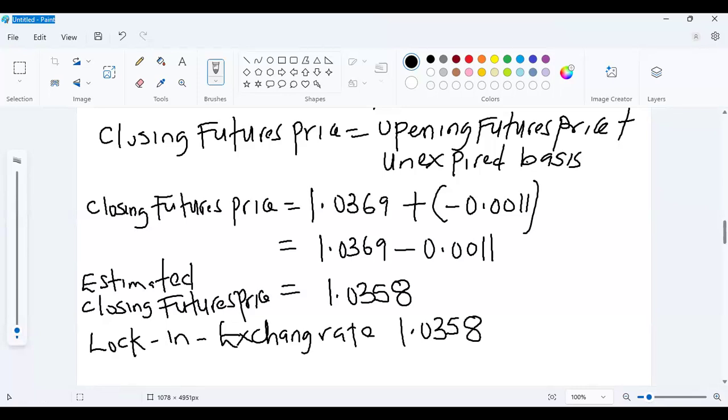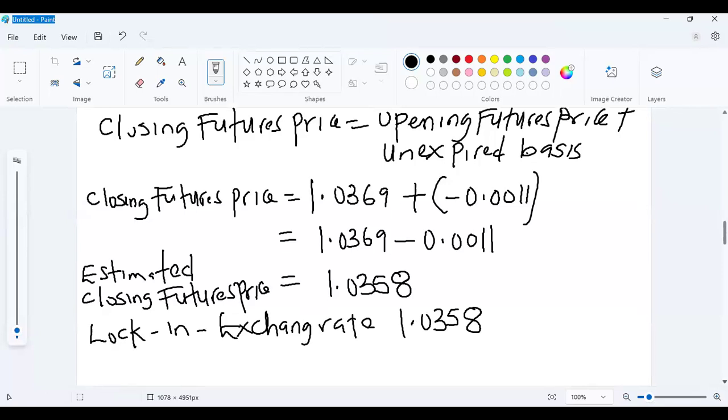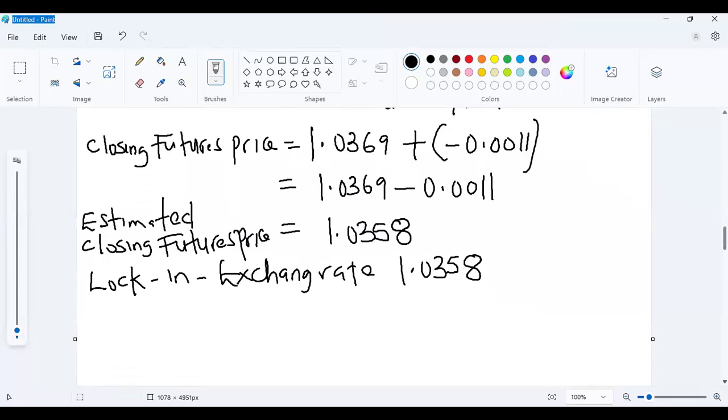When we say lock-in exchange rate, that is the binding rate for that transaction. That means the hedge will be converted at that rate. So the final answer for this, look at it, please.